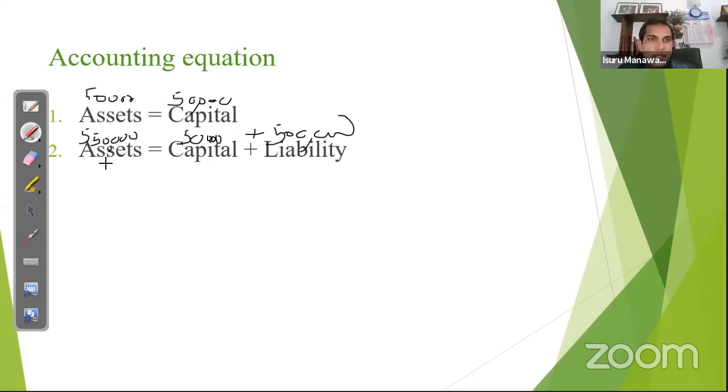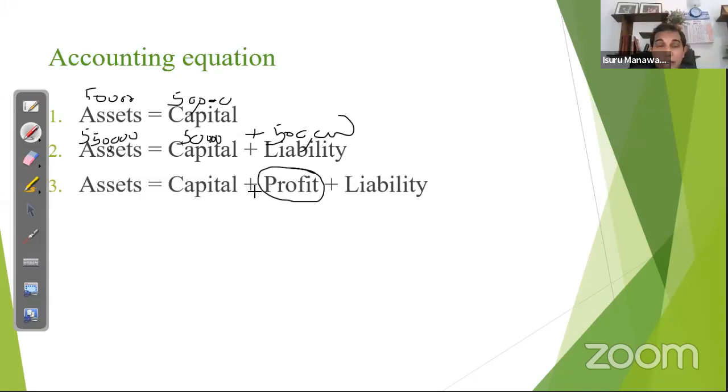Okay. Now we'll see the equation. Now you can see profit. We wrote profit on the right hand side, right? What do we mean by profit? Profit means income minus expenses, right?